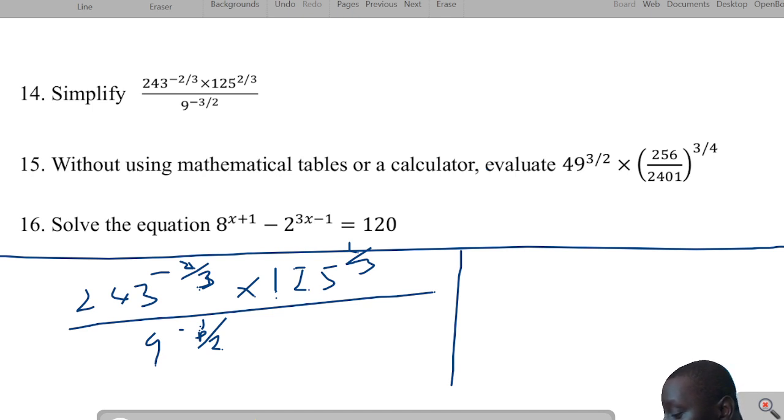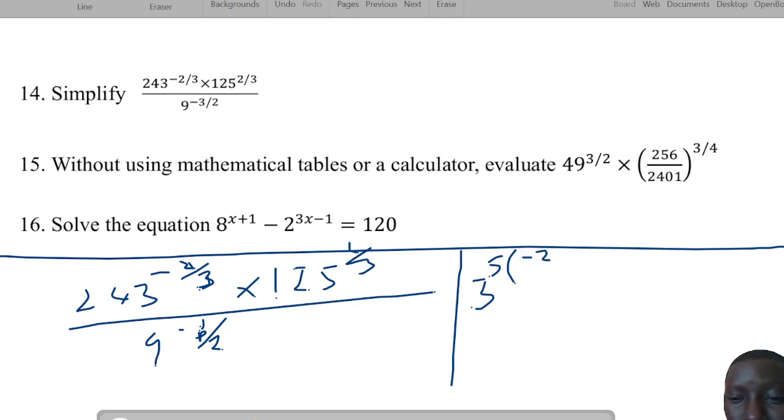Yes, 3 power 5 gives us 243. So that should be 3 power 5, then this one into negative 2 over 3, you divide by 3.